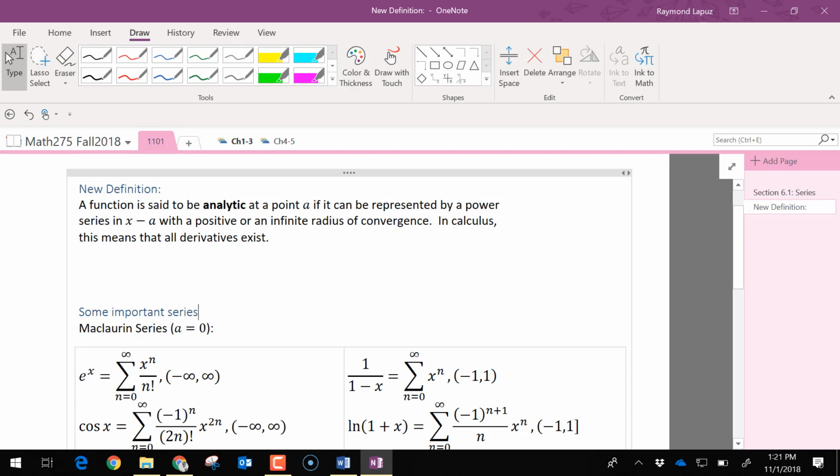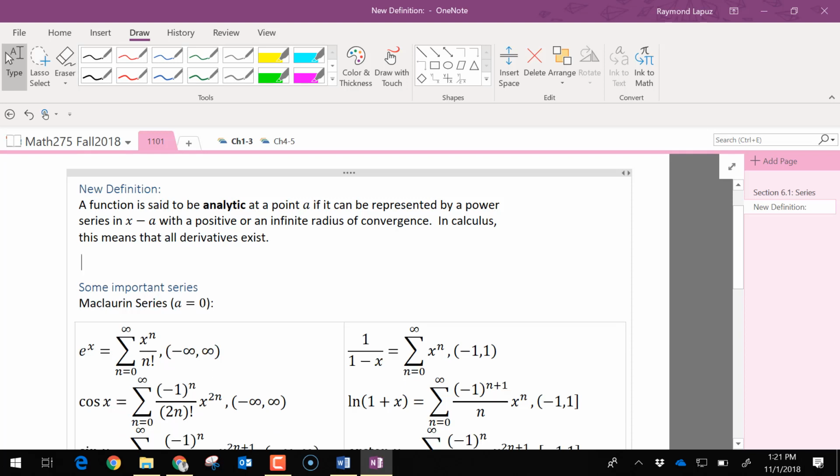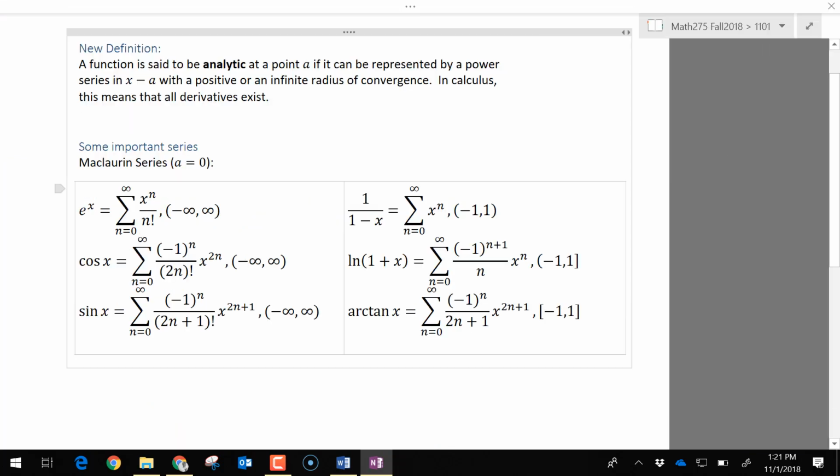So analytic just essentially means it's differentiable. And then a couple of series that we should already know. We used e to the x, cosine x, and sine x to kind of prove Euler's formula. e to the ix is equal to cosine x plus i sine x, something like that.